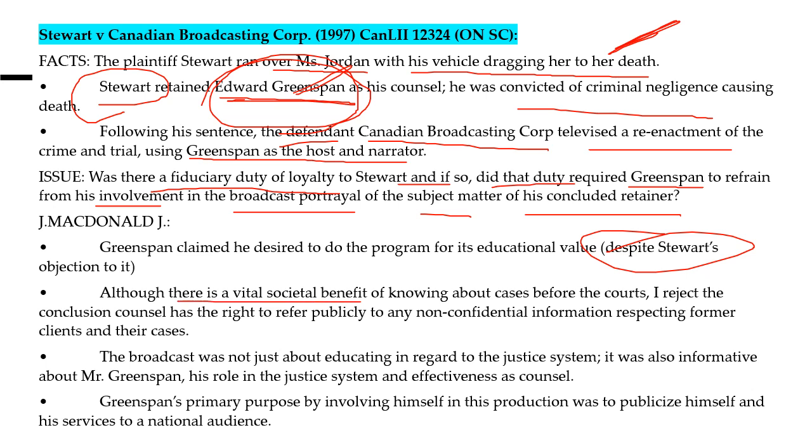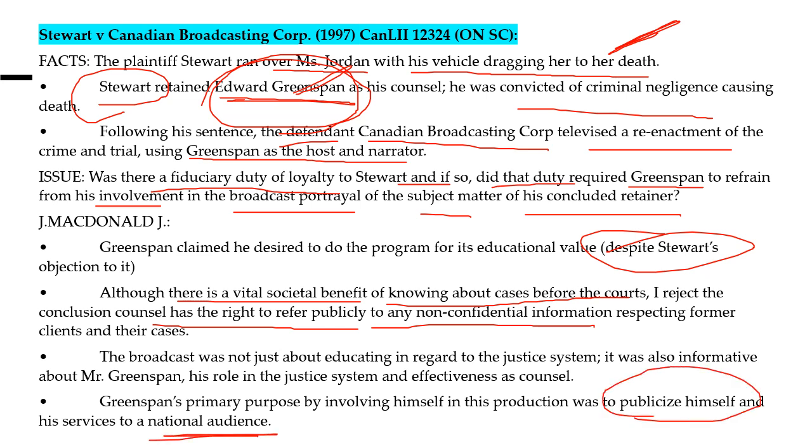Although there is a vital societal benefit in knowing about cases before the courts, I reject the conclusion that counsel has the right to refer publicly to any non-confidential matter. The court clearly said that Greenspan's primary purpose was to publicize himself and his services to a national audience, and this step prejudiced his client Stewart's interest. So the broadcast was not right, it was not just.